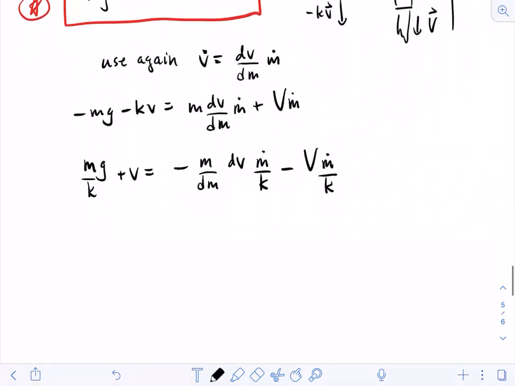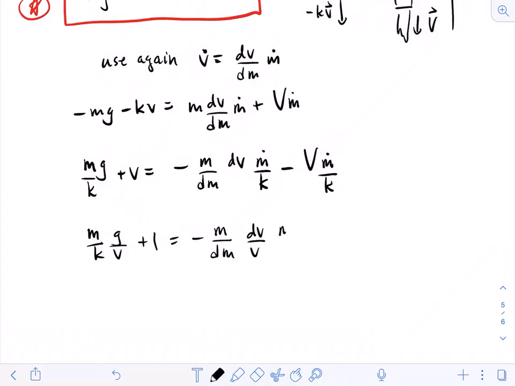Very shortly, we're going to define that parameter alpha as minus m dot over k, like we did before. The other thing we did is we divided by v. So we get m over k g over v plus 1 is equal to minus m over v dv/dm m dot over k minus v over v m dot over k.